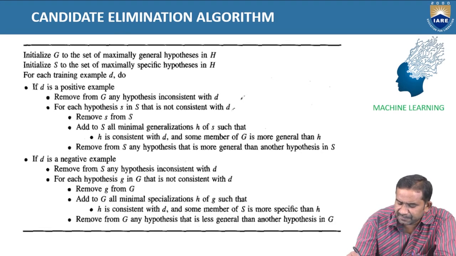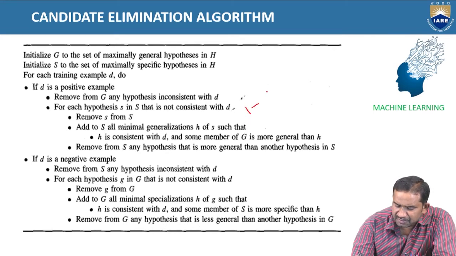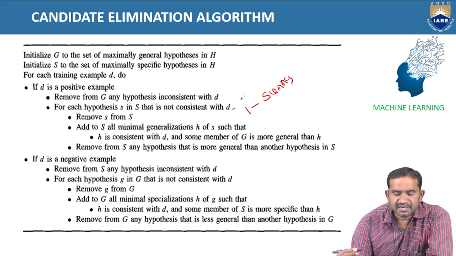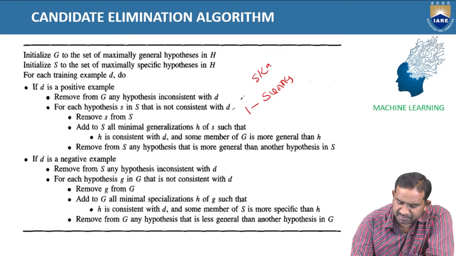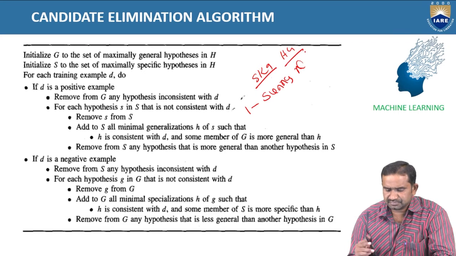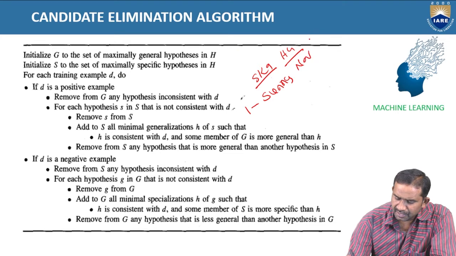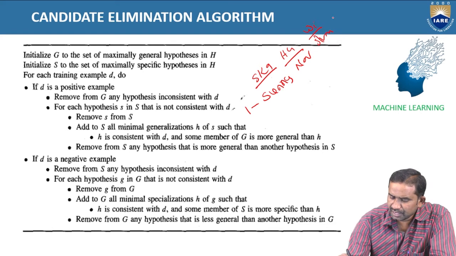For training example one, the first day: sky attribute value is sunny, humidity is normal, wind is strong, forecast is same, and the final result, enjoy the sports, is yes.